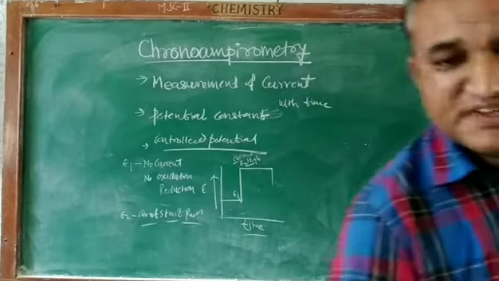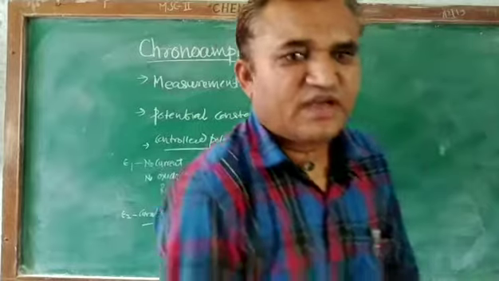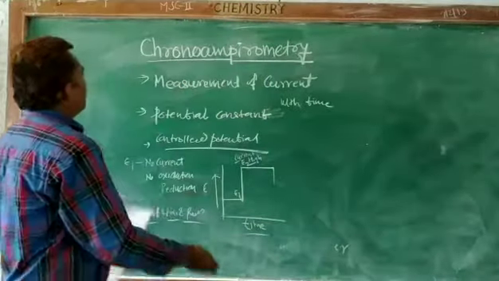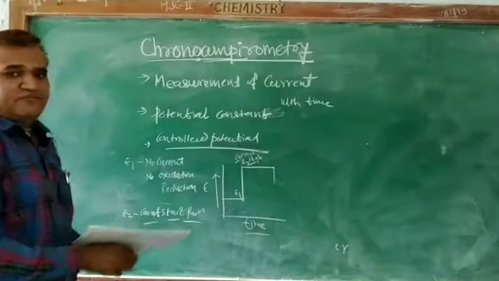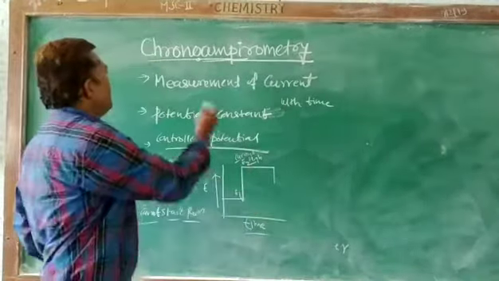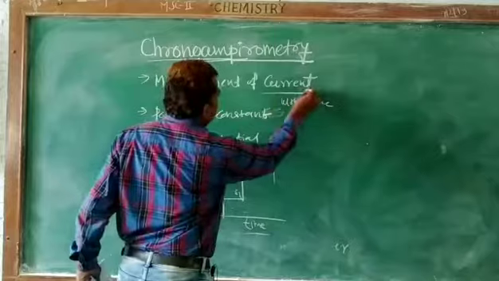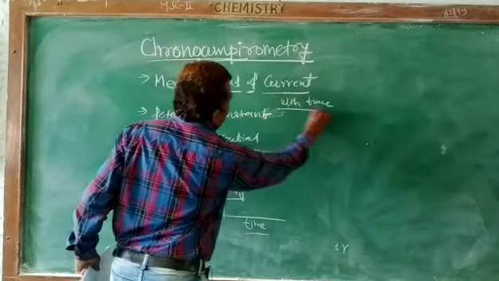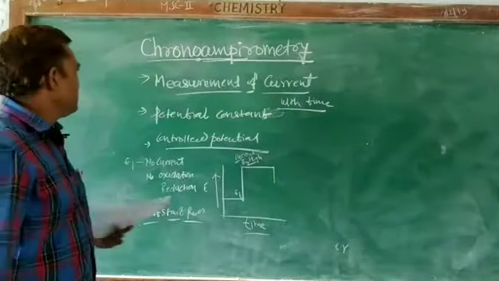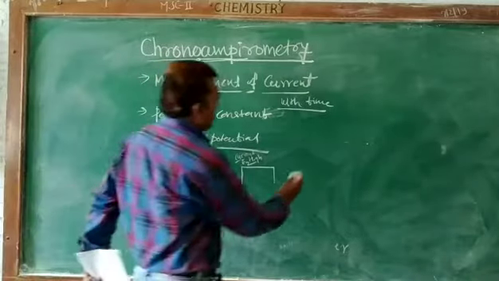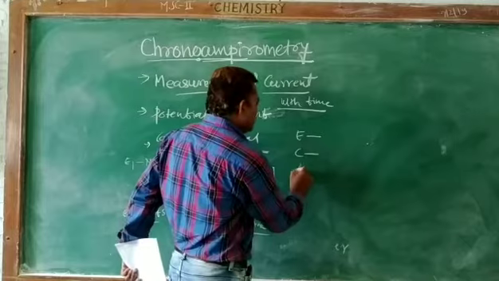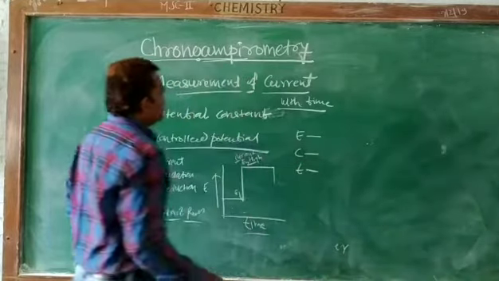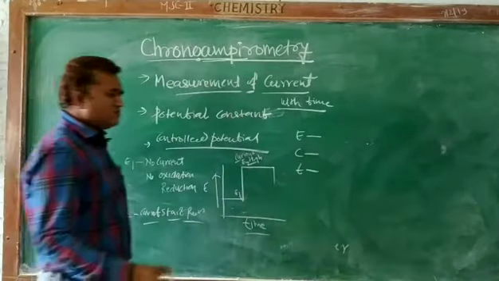So our next point is chronoamperometry. Amperometry means measurement of current with respect to time. Here we see three parameters: potential, current, and time.